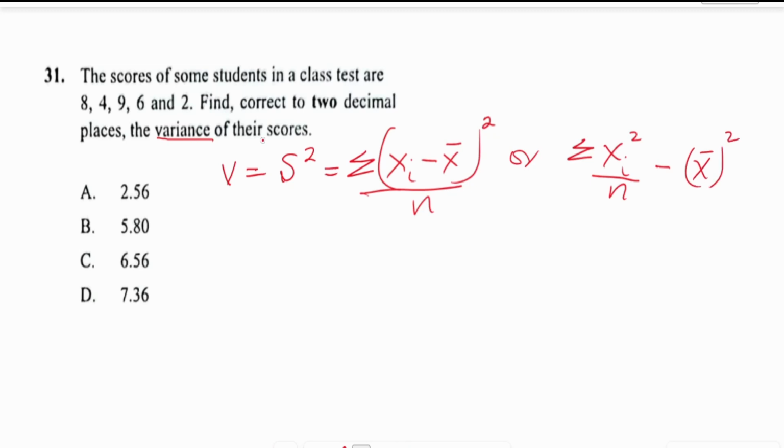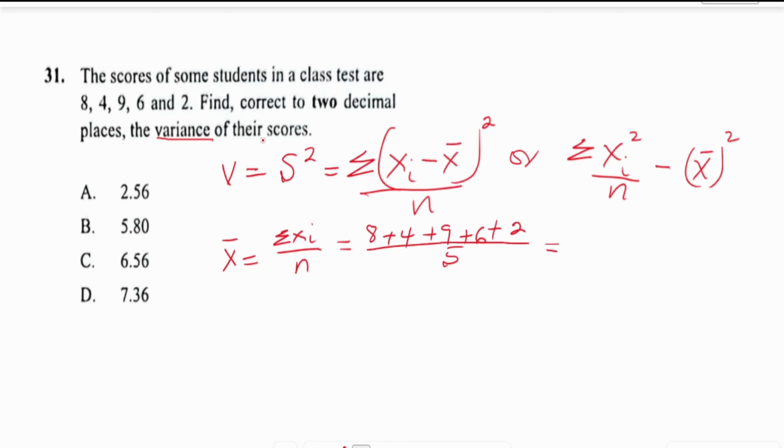We'll start the whole of this by first solving for the arithmetic mean, and we are going to use the formula we used in question 15 a while ago, which is x bar equals sigma xi, which is the summation of all x values over n. That will just give us 8 plus 4 plus 9 plus 6 plus 2, and there are 5 values, so divided by 5.